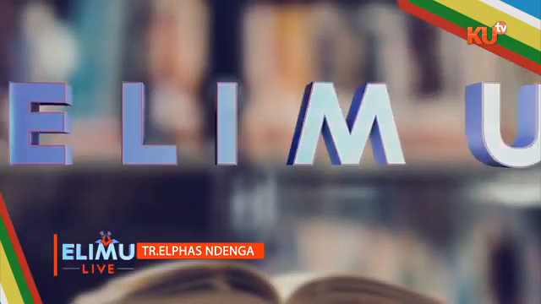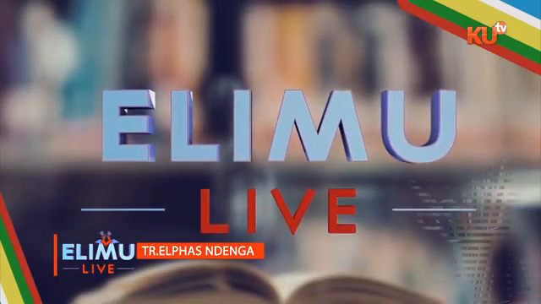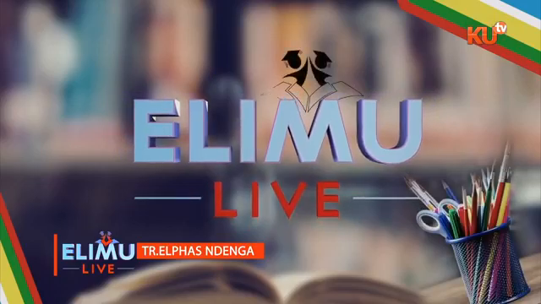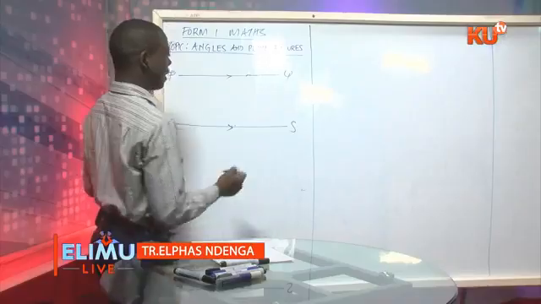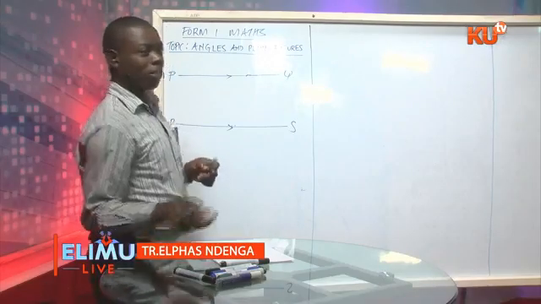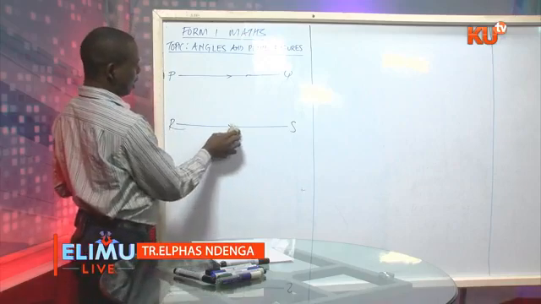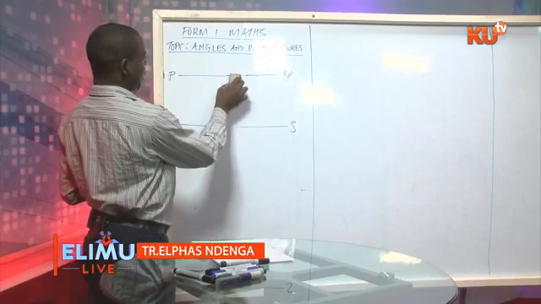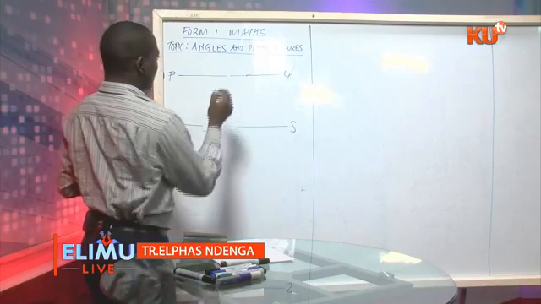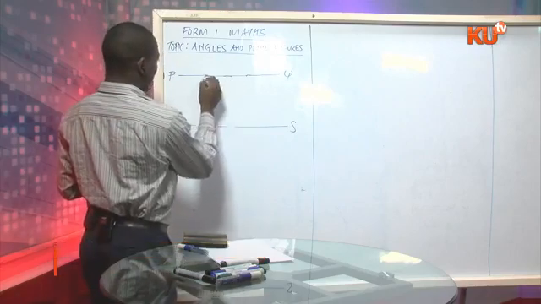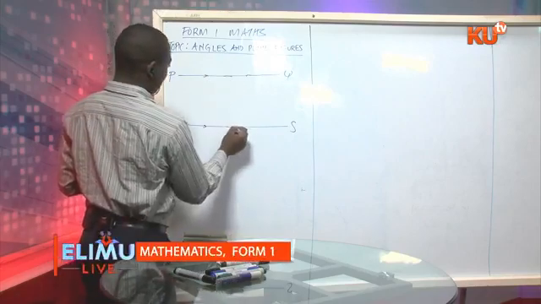And the reason is that they do not meet at any point. So we say that these lines are parallel. And we denote parallel lines using arrows. For instance, in this case, you find that we have these arrows indicating that these two lines are parallel.